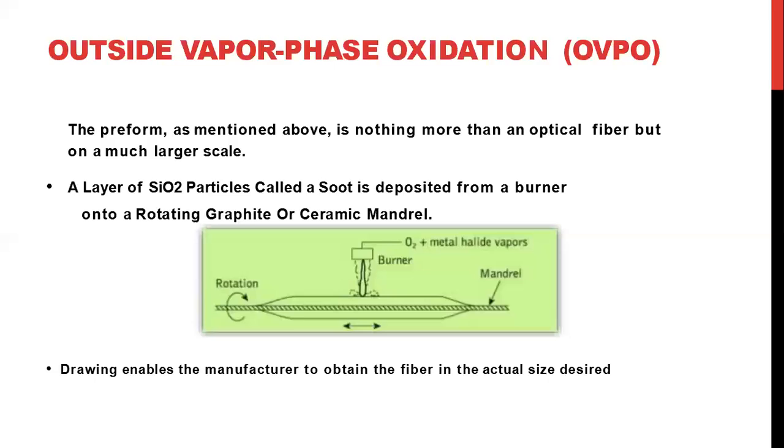So generally speaking, vapor deposition methods were initially developed for silica telecom fibers in the 1970s, put forward by Bell Laboratories.